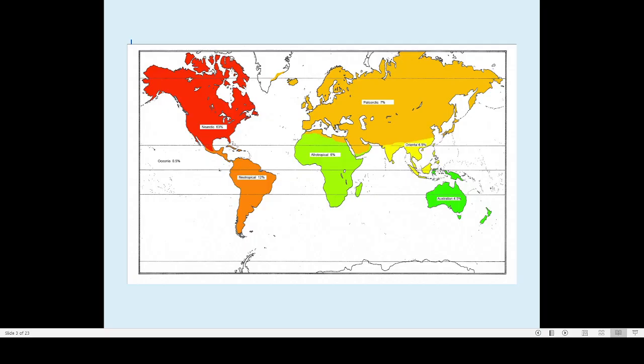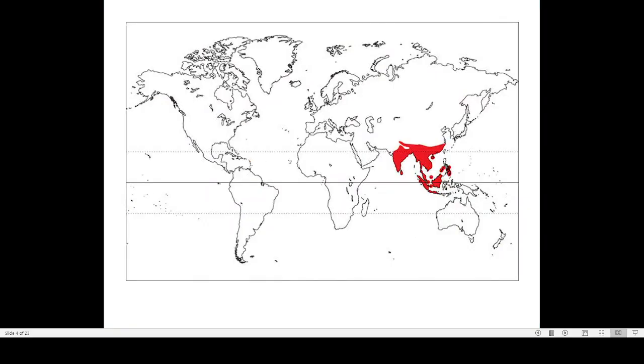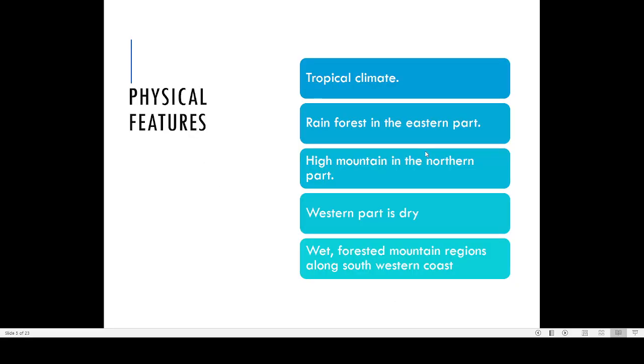East is the Oriental region. So this is also another map showing the different regions of the Oriental region. Now we will see what are the physical features.